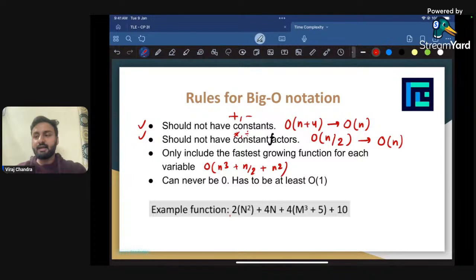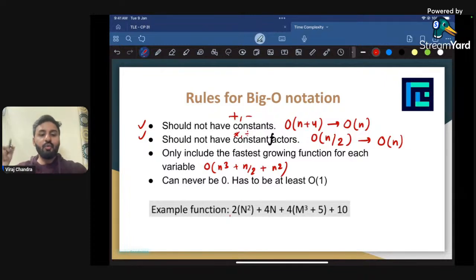The convention will say, don't report it like that. Why? Among these 3 different functions, n square, n cube and n by 2, which is growing the fastest relative to n? If n is, let's say, 10, will n square, n cube, or n by 2 be the larger value? Which is going to grow faster? Obviously n cube, because it's the larger function.